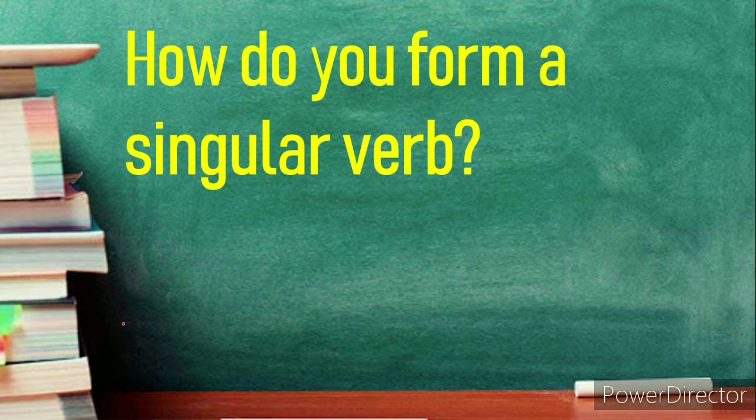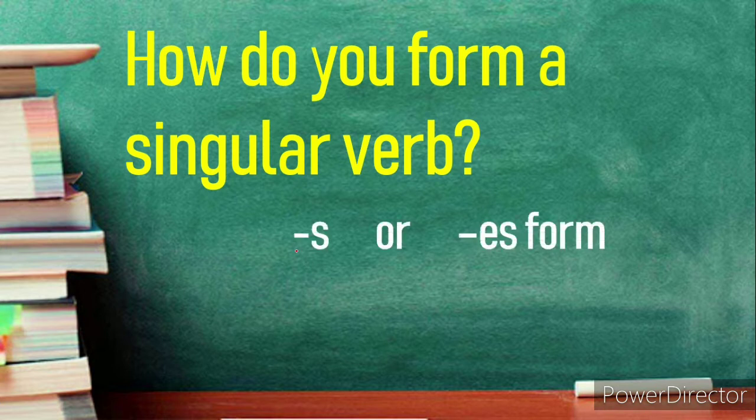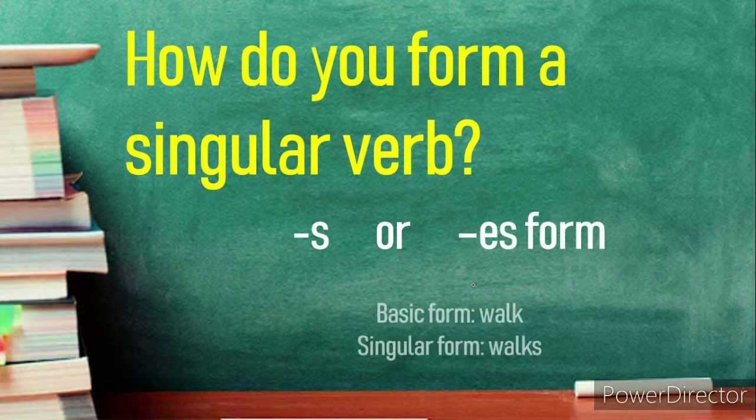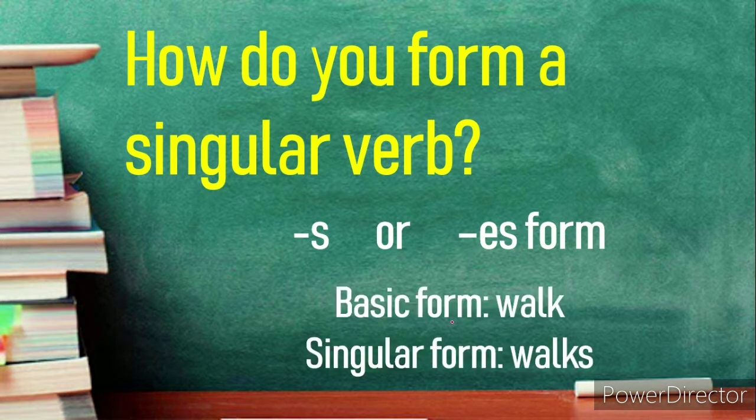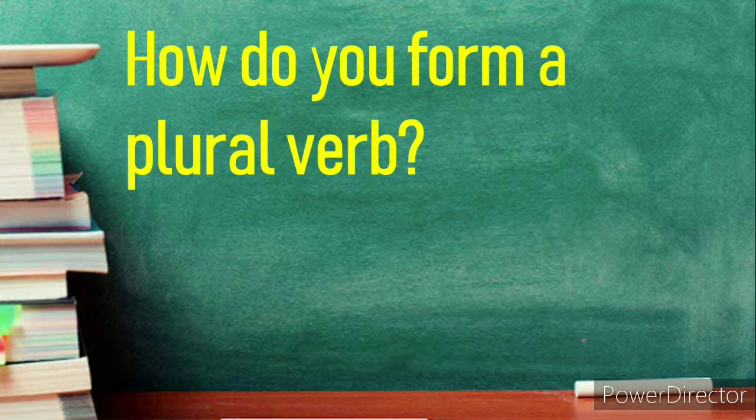Now, the question is, how do you form a singular verb? Correct! By adding s or es to the verb. For example, basic form is walk and the singular form is walks. You add s. Next, how about a plural verb? How do you form a plural verb?